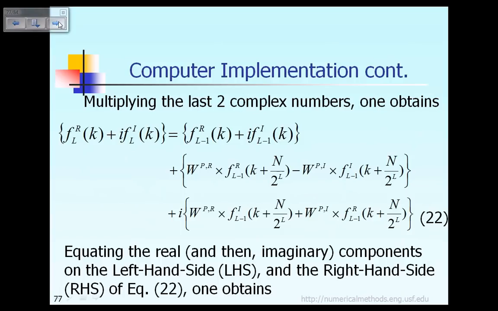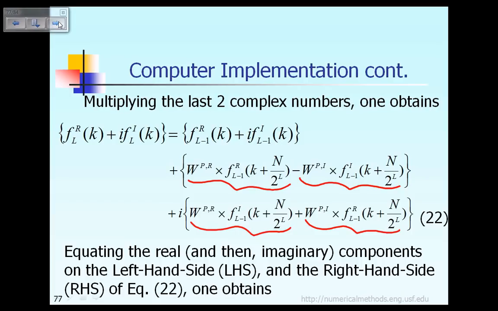As a matter of fact, you can see, remember I said you have four terms coming out when you multiply two complex numbers, and they are here. This is the first term, this is the second term, this is the third term, and this is the fourth term when you multiply the last two complex numbers out. Now, after that, we can compare much easier.